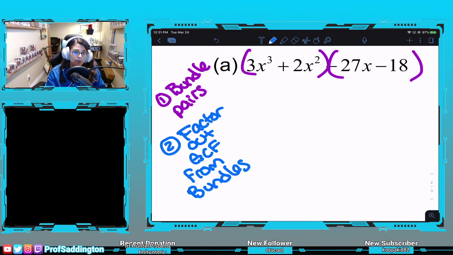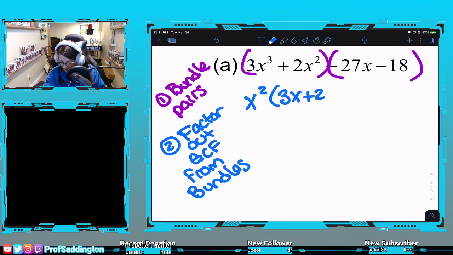So in my first bundle of fun, I have an x squared that can come out. Excuse me. So then we're left with 3x plus 2. Now, if you notice, in the next pair of binomials, they're both negative, which means I want to factor out a negative number. So 27x and 18 both have a 9 in common.